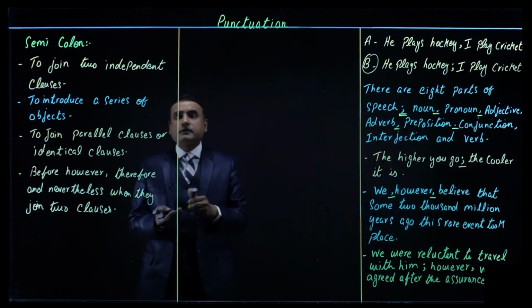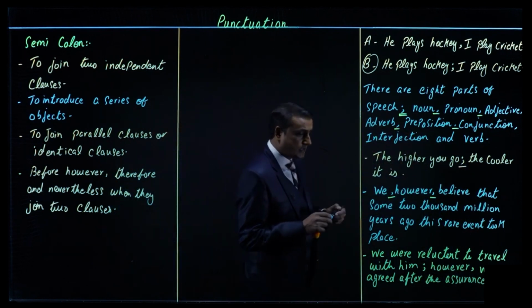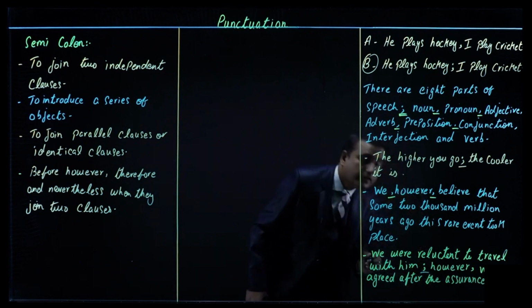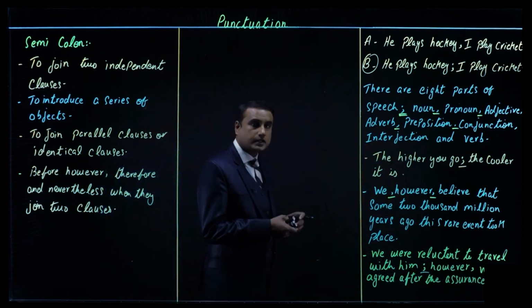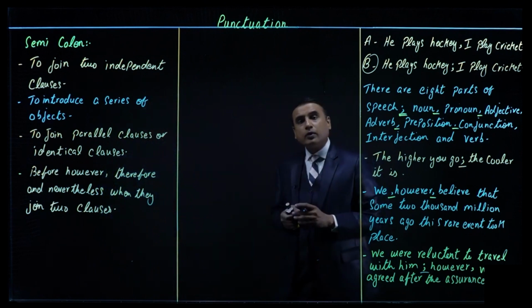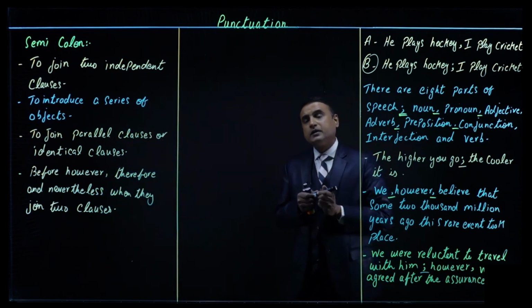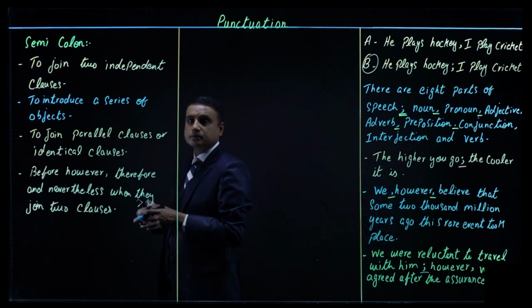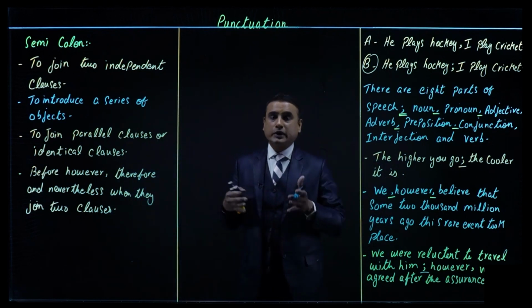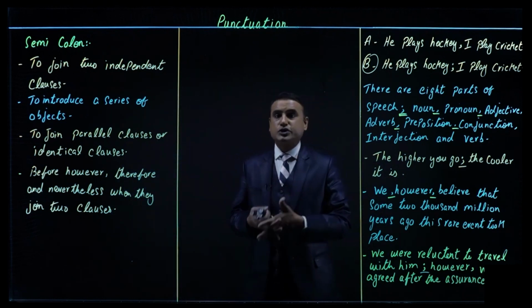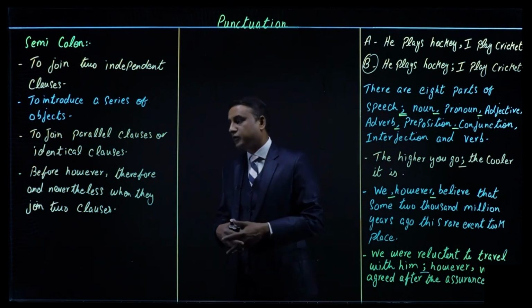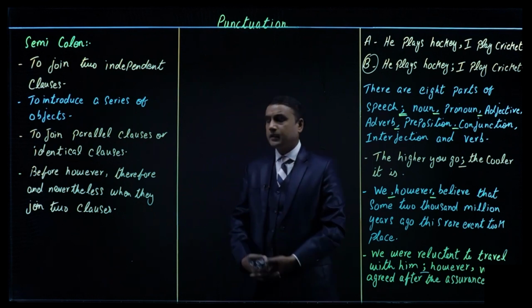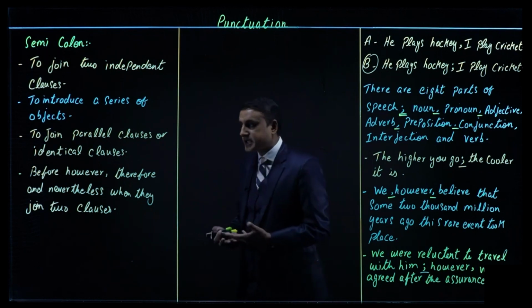Here, however, is joining two different clauses, and that is why we are using semicolon before it and not the comma. So this is how you can actually differentiate between the use of comma and semicolon before however or therefore. Same will be the case with therefore.